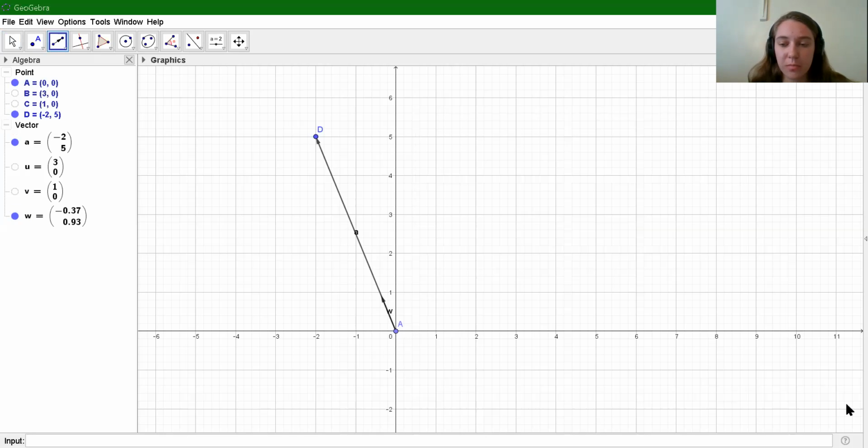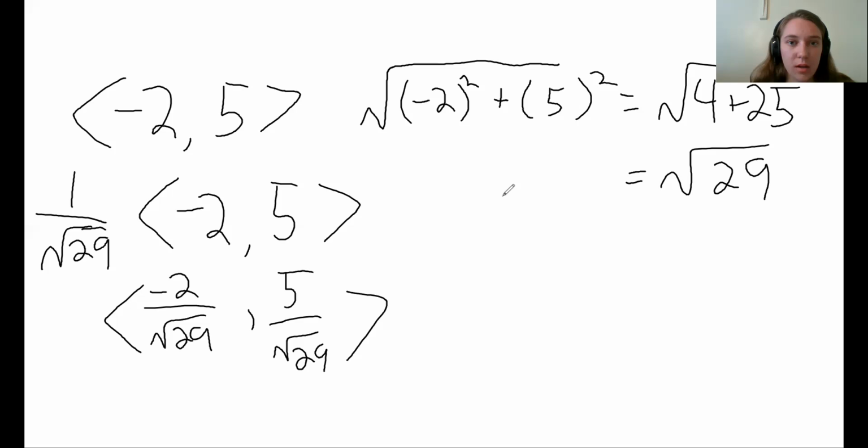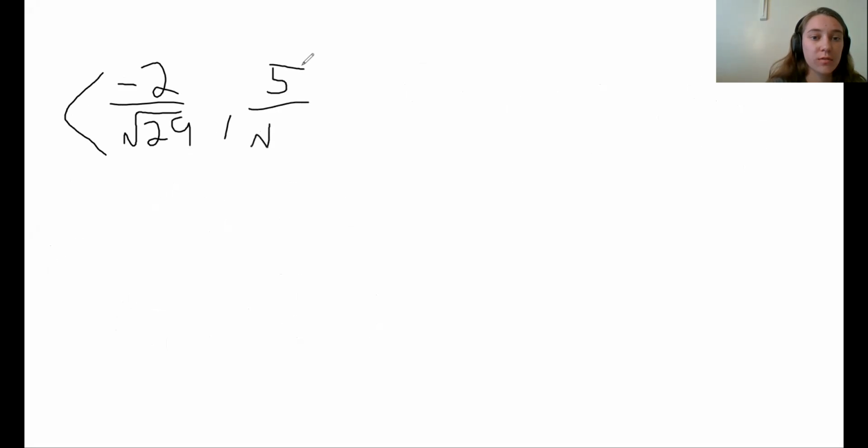We should, however, prove that it's a magnitude of 1. So let's go back and do that. We have -2 over the square root of 29, then 5 over the square root of 29.